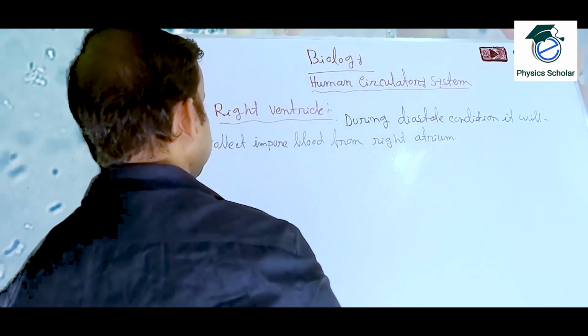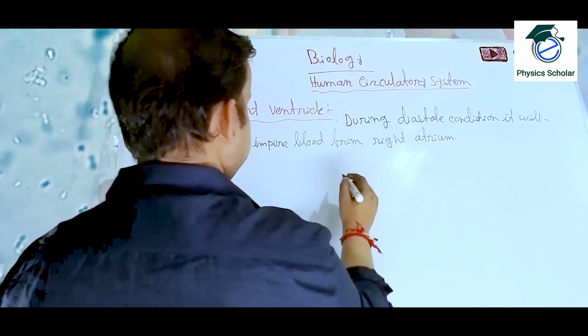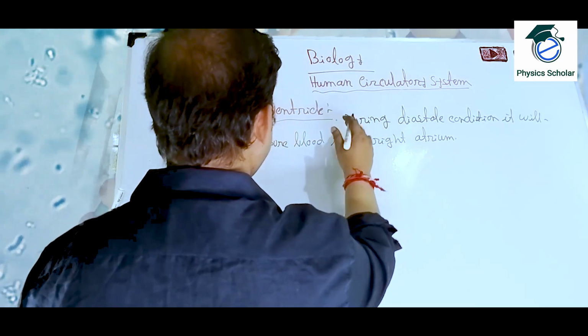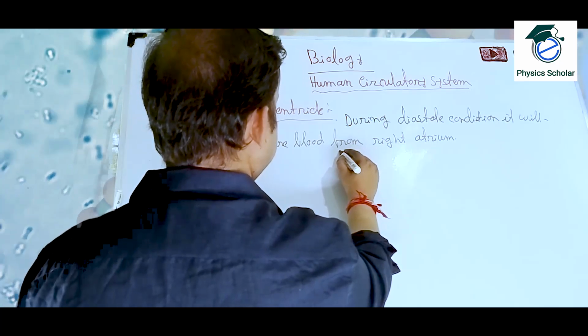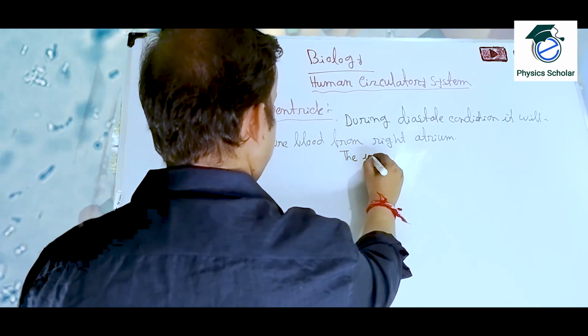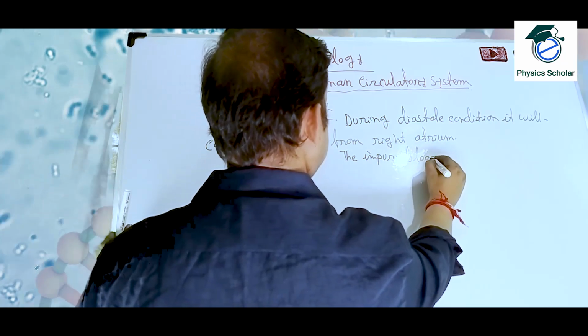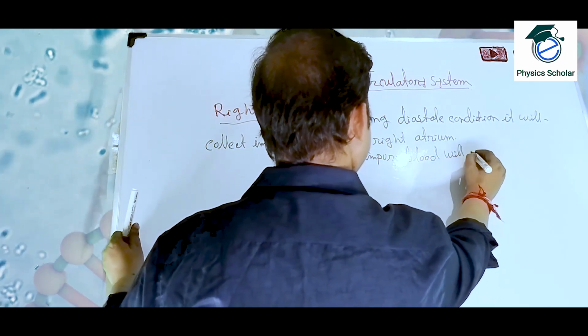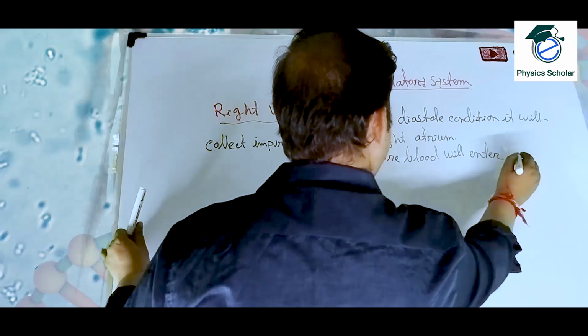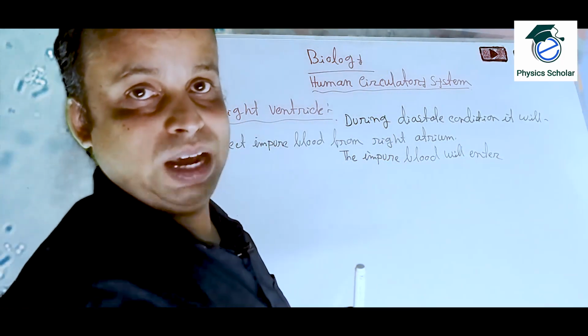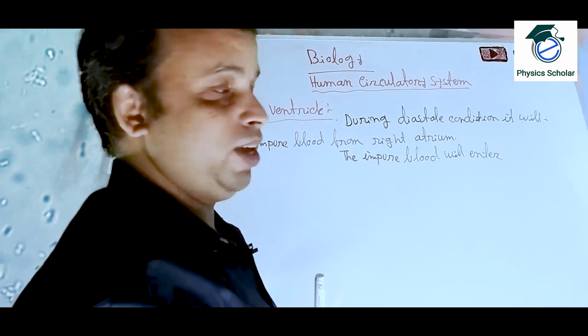Now what is happening? When it is in systole condition, then the impure blood will enter. Where will the impure blood go? The impure blood will go to the lungs.